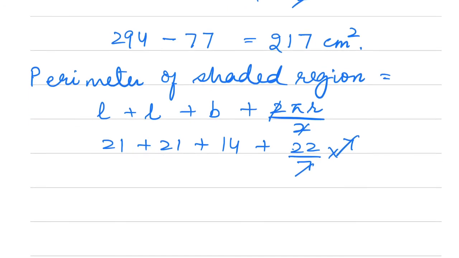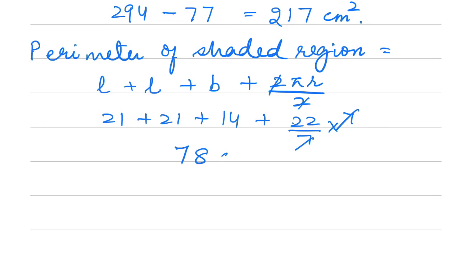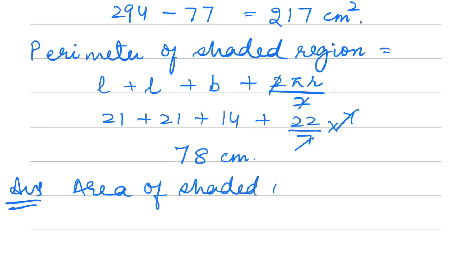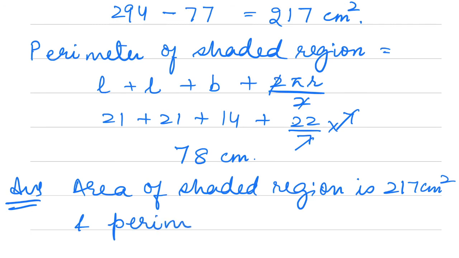So this gets cancelled and we have 78 centimeter. So answer, area of shaded region is 217 centimeter square and perimeter is 78 centimeter.